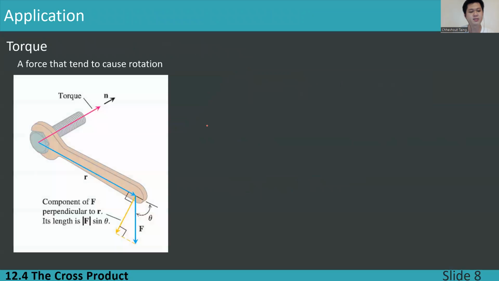Let's look at the second application, which is torque. What is torque? Torque is a force that tends to cause rotation. So if you have a bolt and a wrench, and you apply force onto somewhere on the wrench, you will create torque. The formula for torque is magnitude of R times magnitude of F times sine theta, where R is the distance from the axis of rotation to the point where you apply the force, and magnitude of F is just the magnitude of the force.